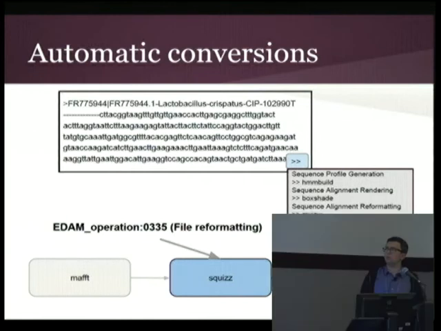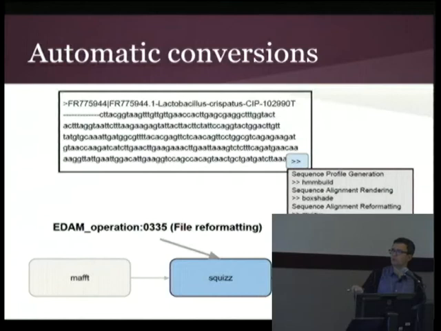We can augment these capabilities by providing more implicit workflow construction. Here, for instance, the DNAdist program from the PHYLIP package does not accept FASTA multiple sequence alignment.